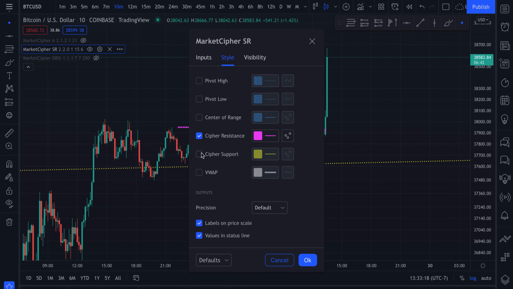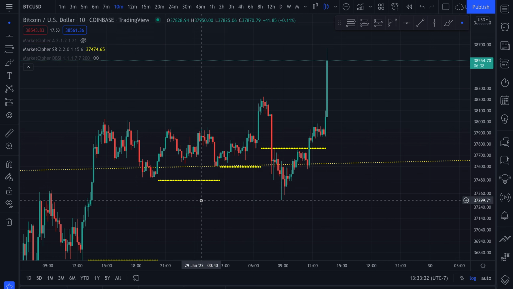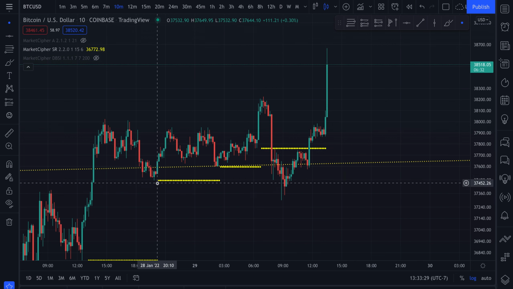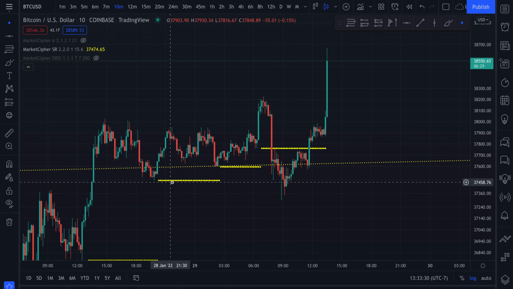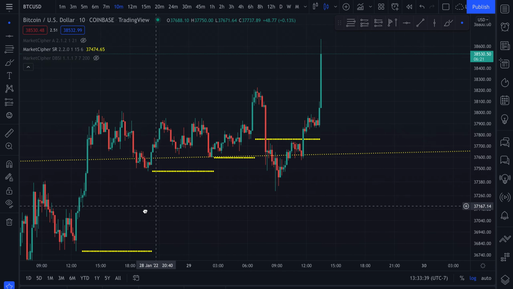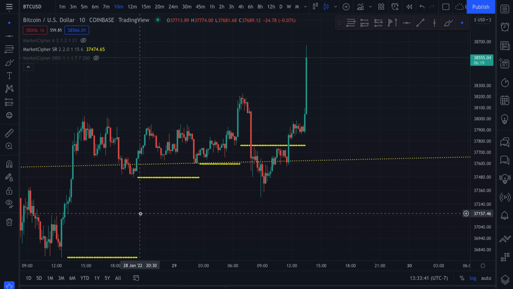Let's go turn those on, turn the resistance off. These yellow dots are just the opposite of the purple dots. They indicate support levels. And same thing, you want to see a long row of these yellow dots. That just indicates the strength. If they're longer, it's a stronger point of support.